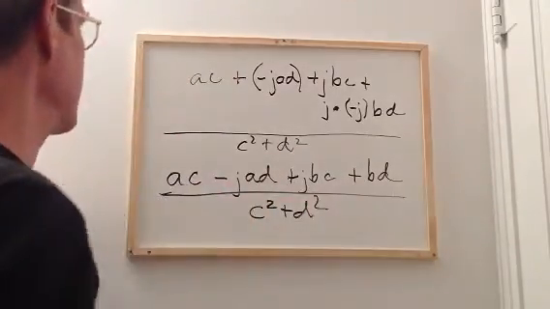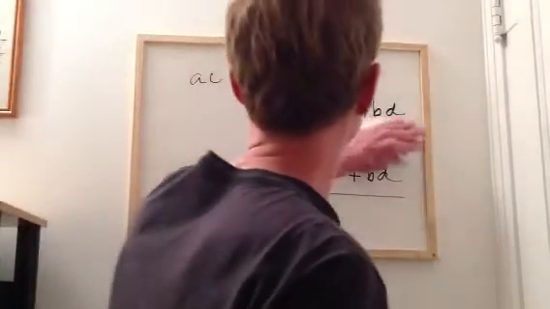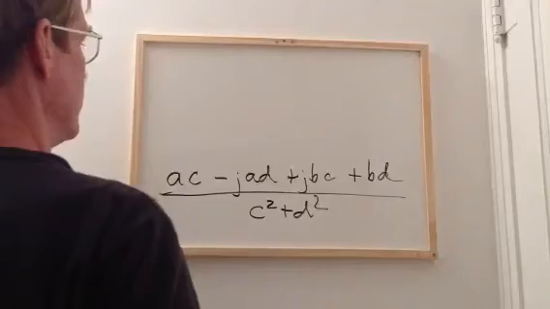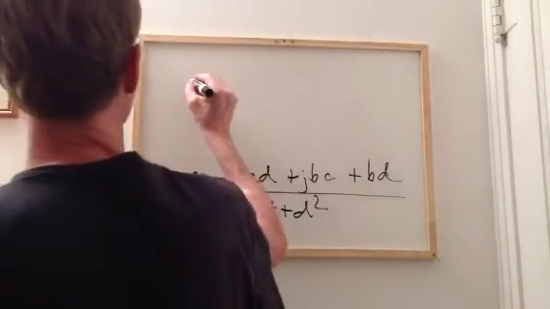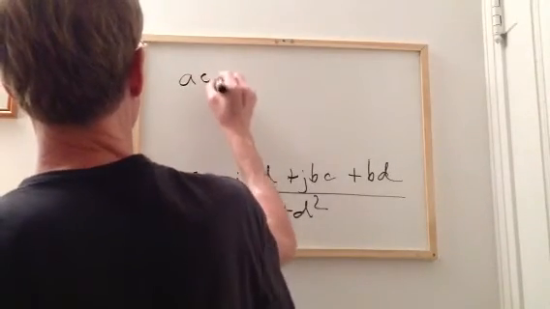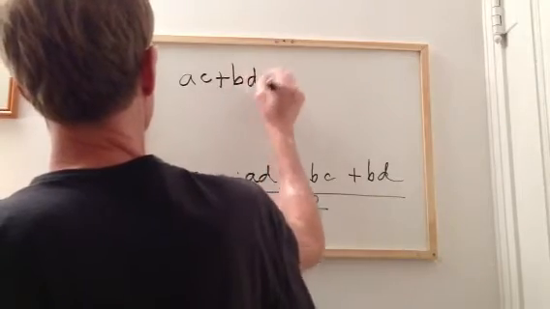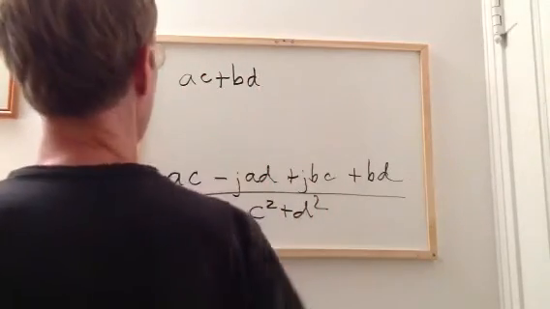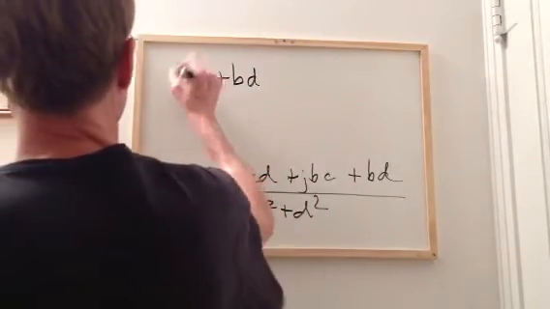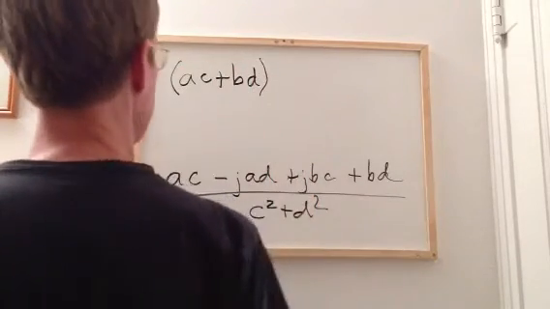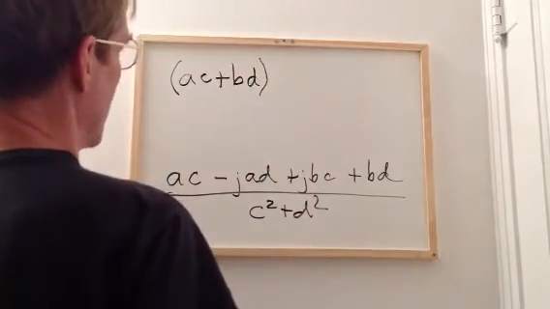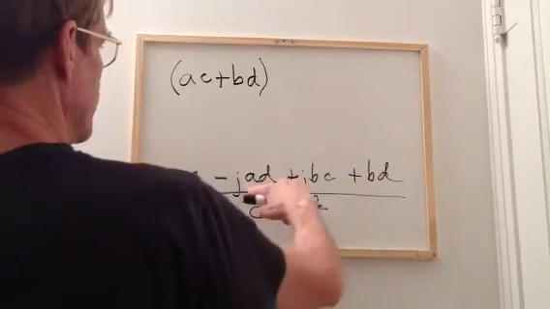So now we've got this. Let's group the AC plus BD together, because that is going to be a real number. Put parentheses around it to isolate it from the J part.